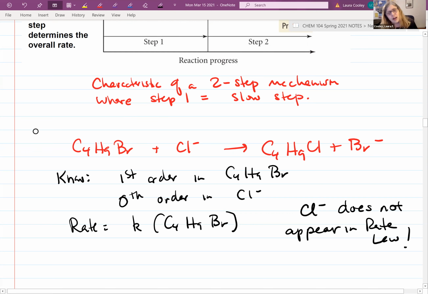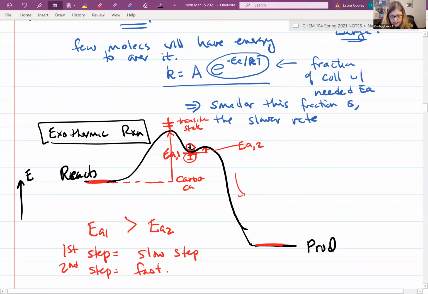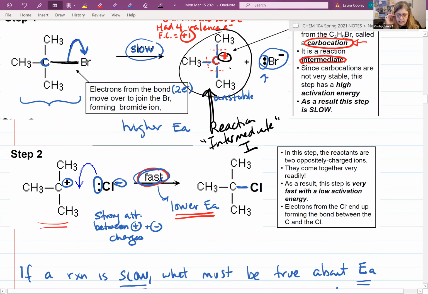I mean, it's still part of the reaction. But if you look at this reaction and the way it occurs in these two steps, it's clear that only the slow step is involved in the rate law. So the slow step actually determines the entire rate of the whole reaction.